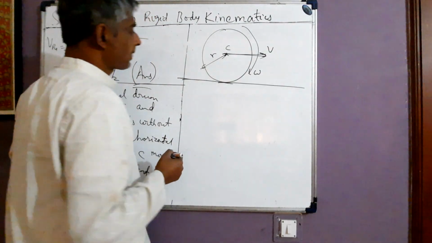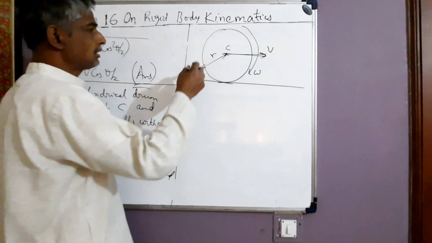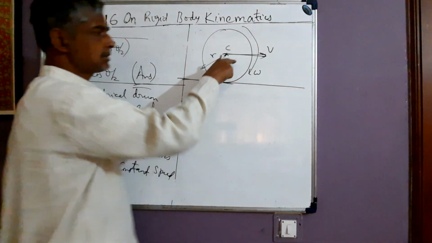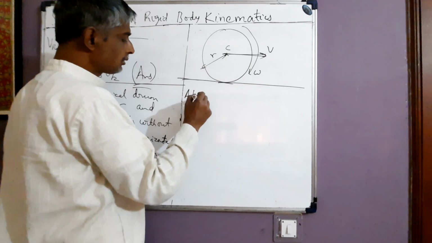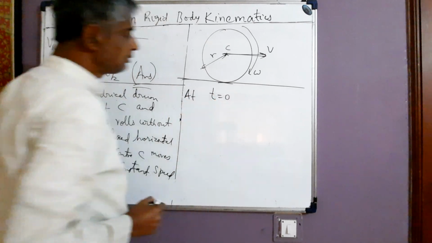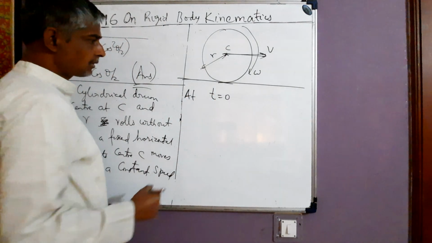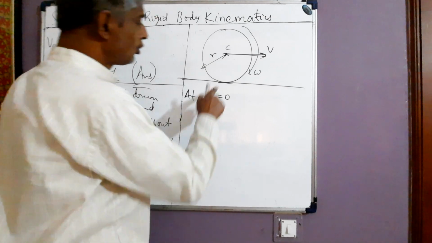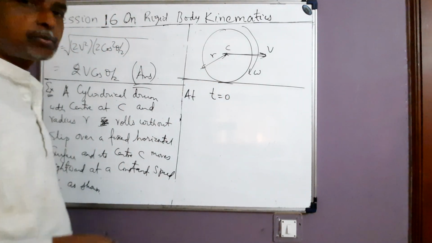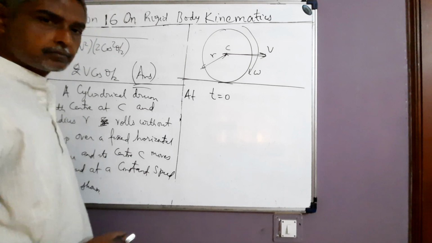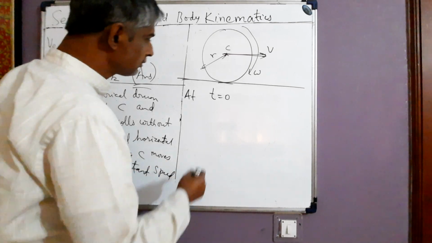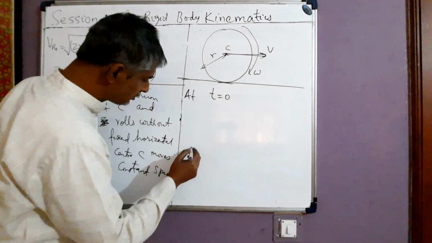Now suppose at time 0, the lowest point of the drum coincides with the origin of the coordinate system, and the coordinate system is fixed to the ground. So at time 0 the situation is like this.